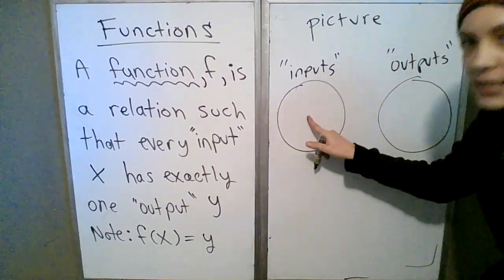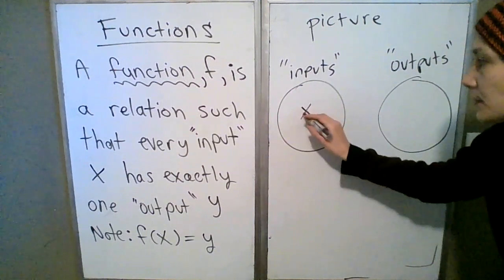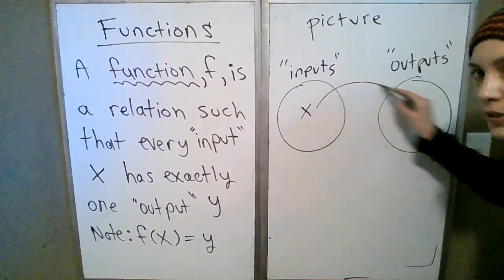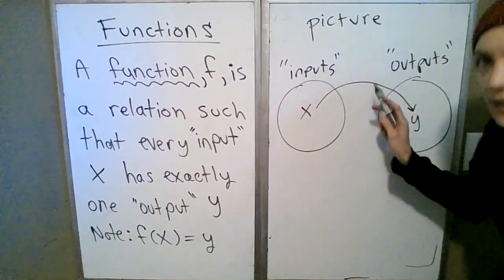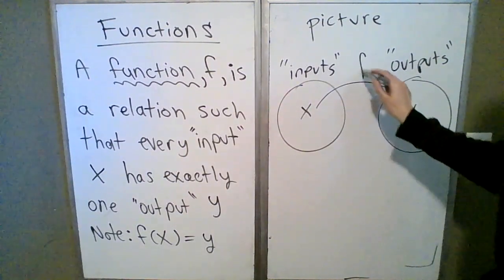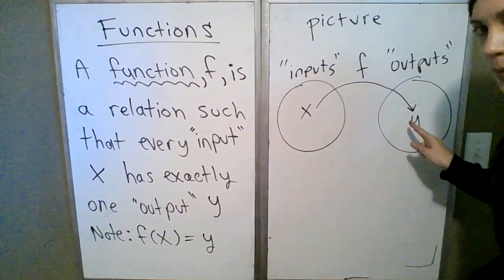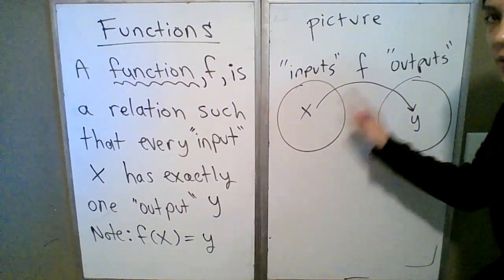Okay, so let's say over here you put in some number x. And you have a function that takes x over to one value y. That function's name, in this case, is f. So f sends x over to y, and sometimes we like to call y f of x.